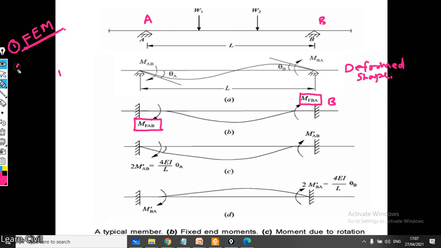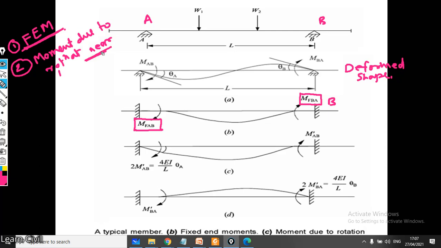The second reason responsible for development of bending moment is the moment due to rotation at near end.